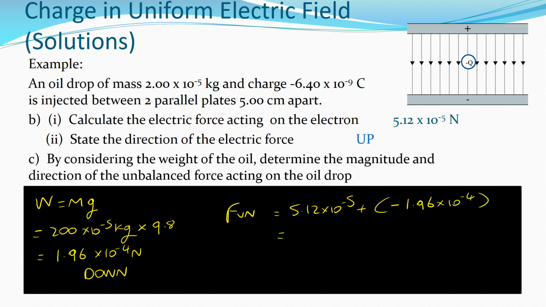And we add those two together, we end up with negative 1.45 times 10 to the negative 4 newtons. It's a force. We should put the direction. The negative direction says this is acting down. We don't really need to put the direction here because we have the negative sign, which is showing us the overall force.